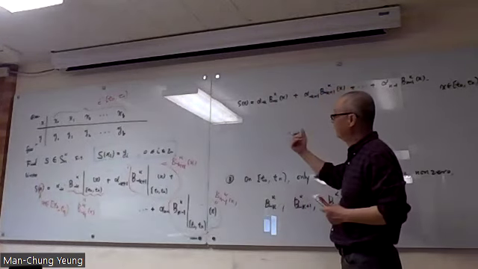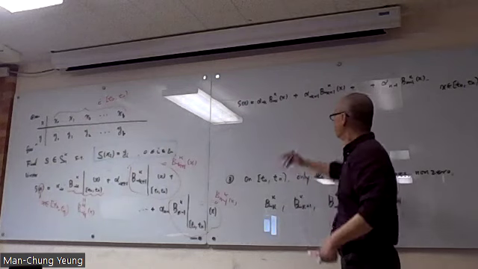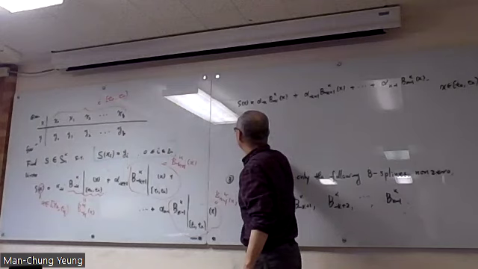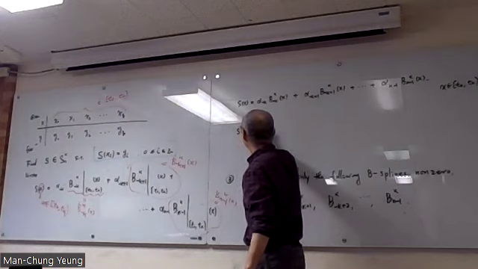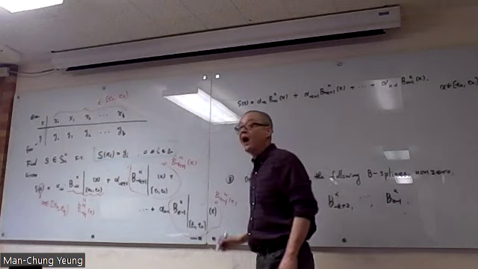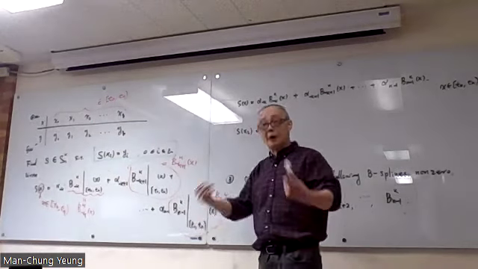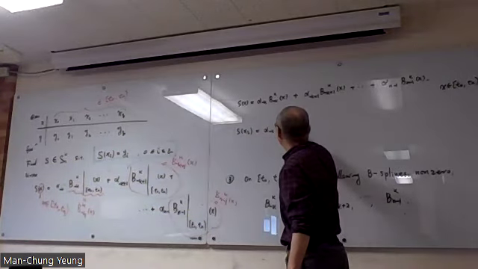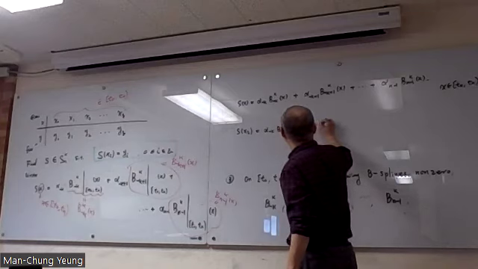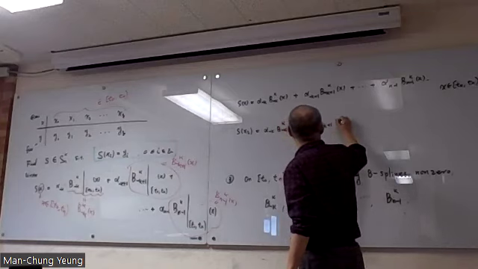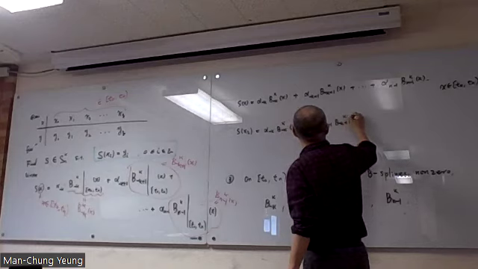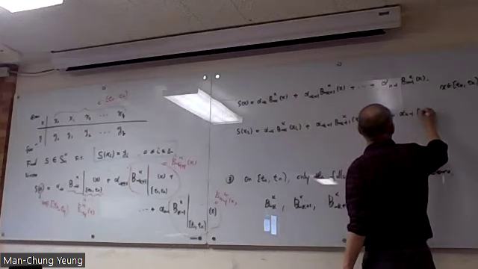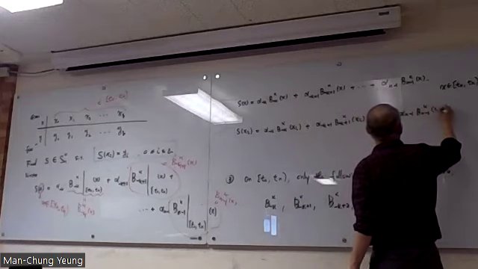Now I plug in the roots x_i. Then I have S(x_i) is equal to alpha_{-k}, alpha will be determined, B_{-k,k}(x_i) plus alpha_{-k+1} B_{-k+1,k}(x_i) plus alpha_{n-1} B_{n-1,k}(x_i).